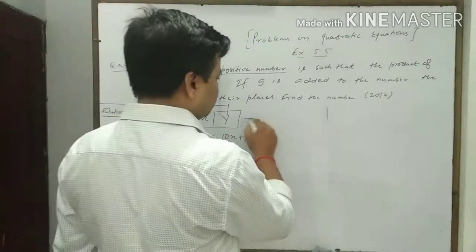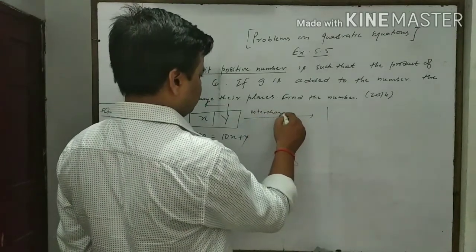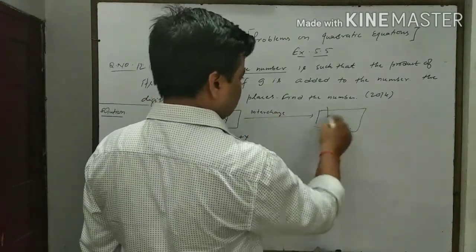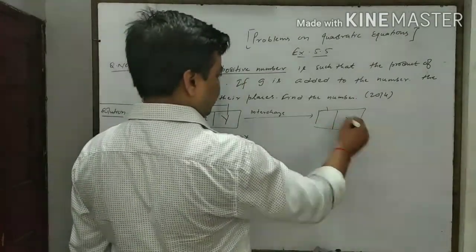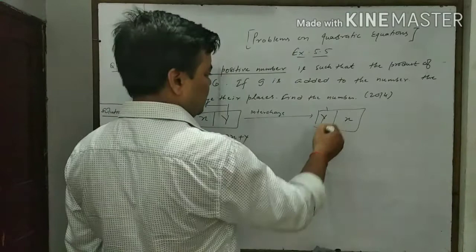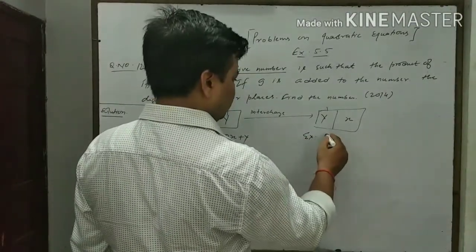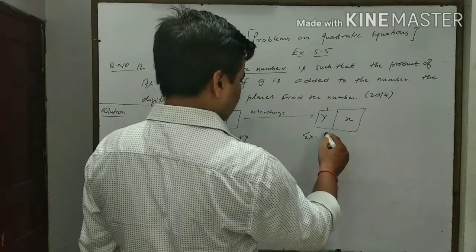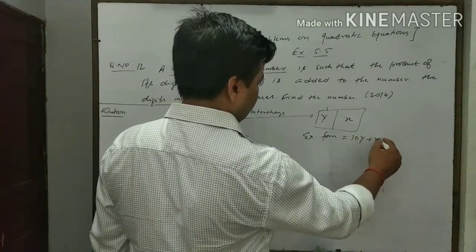But if we interchange the places, then what? Here at the place of y we will have x, and at the place of x we will have y. Then the expanded form of that number is 10y plus x.